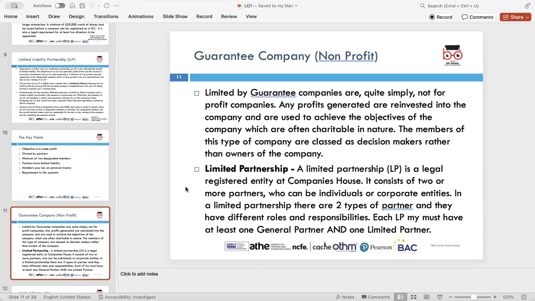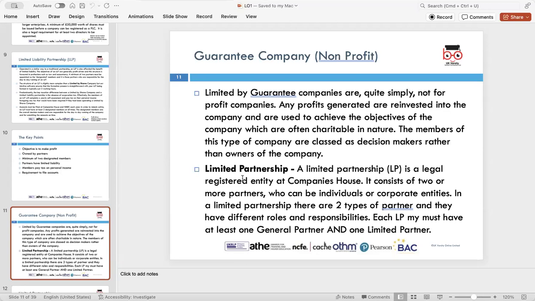One of the legal entities that can be registered at Companies House is a limited partnership, often known as an LP. Partners can be persons or corporate organizations, and there are at least two of them involved in the business.